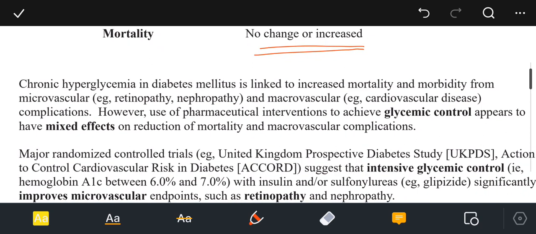Chronic hyperglycemia in diabetes mellitus is linked to increased mortality and morbidity from microvascular, for example, retinopathy and nephropathy, and macrovascular, for example, cardiovascular disease complications. However, the use of pharmaceutical interventions to achieve glycemic control appears to have mixed effects on reduction of mortality and macrovascular complications.